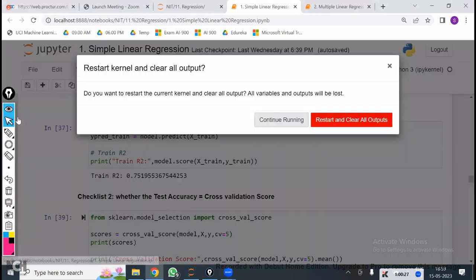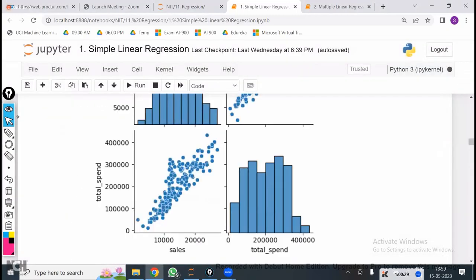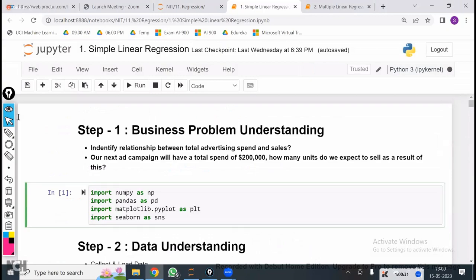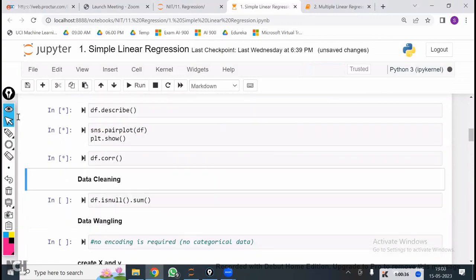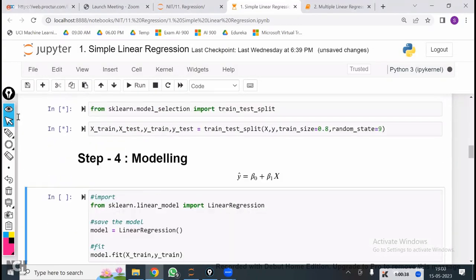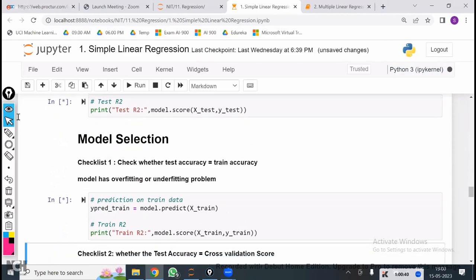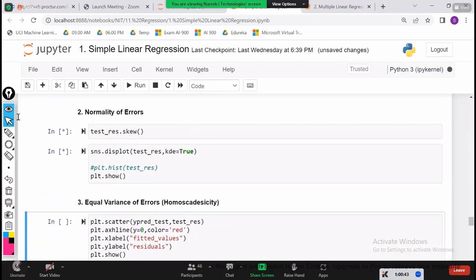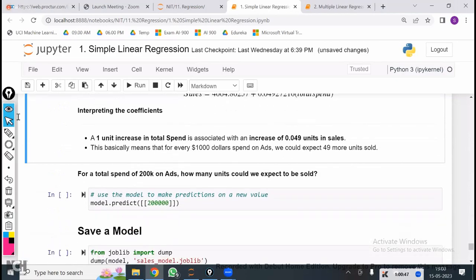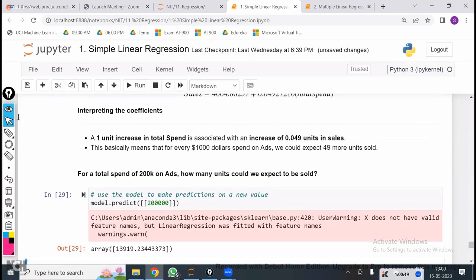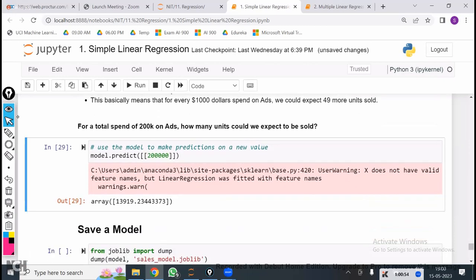Let us clear all the outputs and re-execute everything. The answer is 13,919. In this way, we are going to predict.